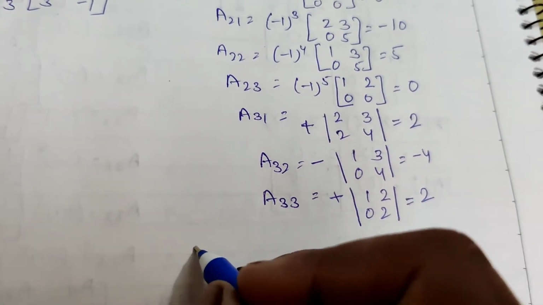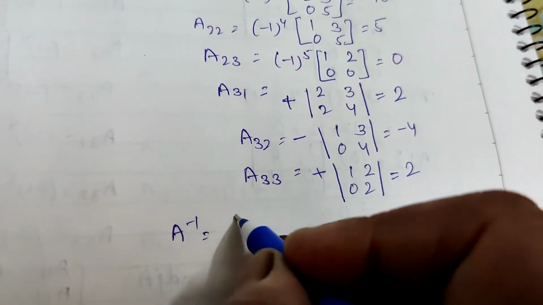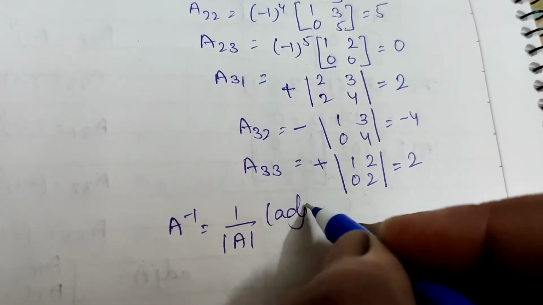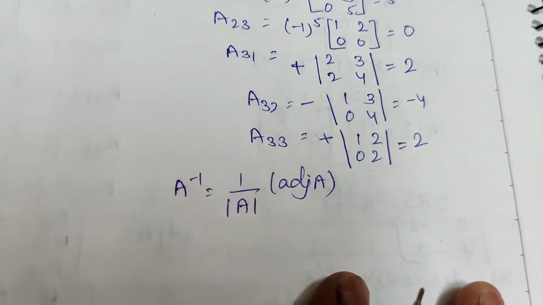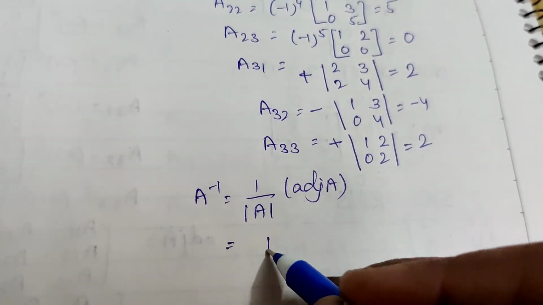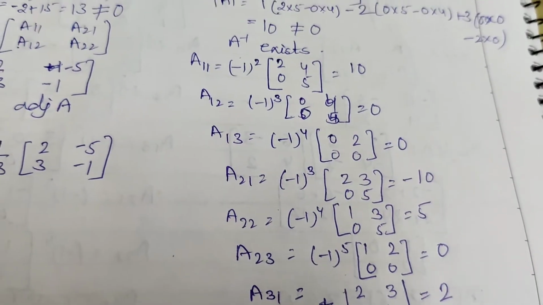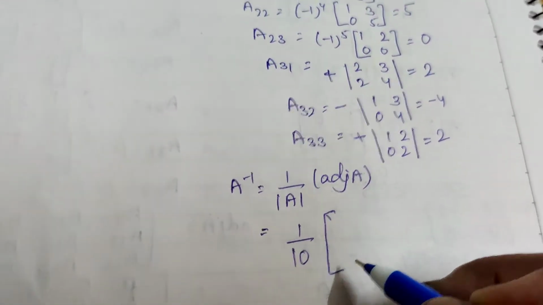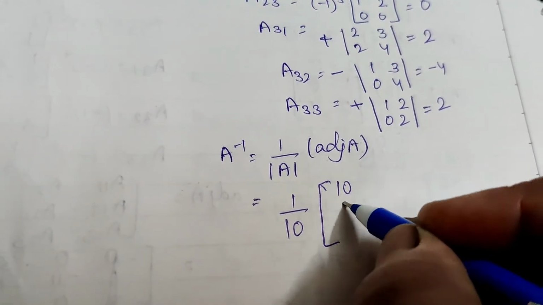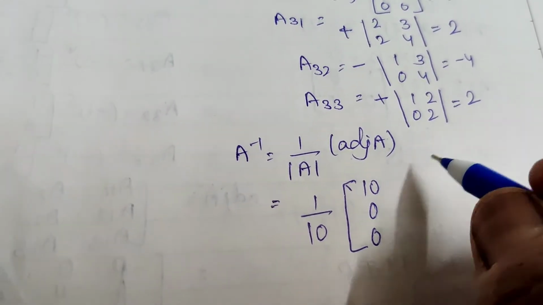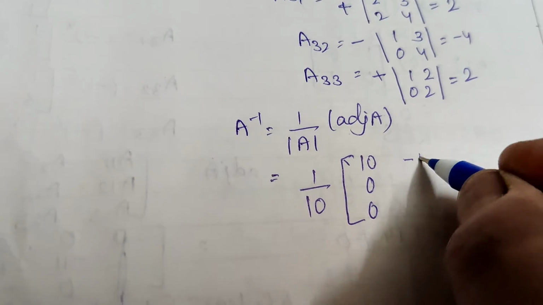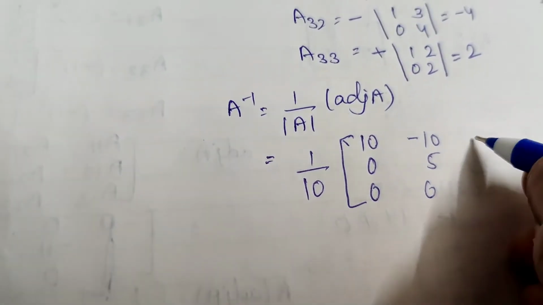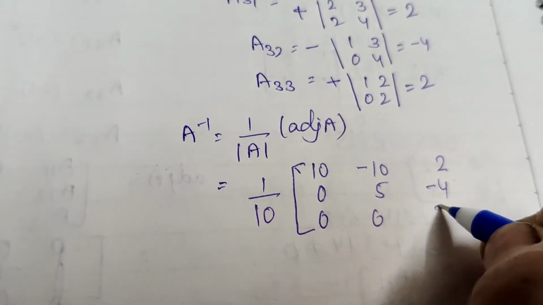Now the A inverse is 1 upon determinant A into adjoint A. Now just put the values. 1 by determinant value 10, and now arrange: A11 10, 0, 0; next minus 10, 5, 0; and 2, minus 4, 2.